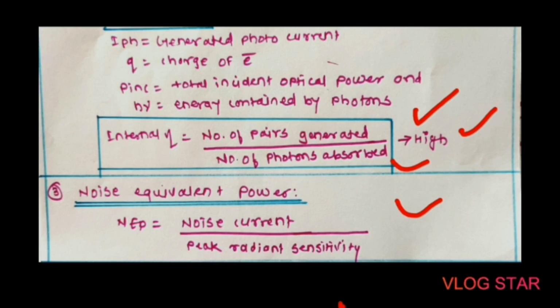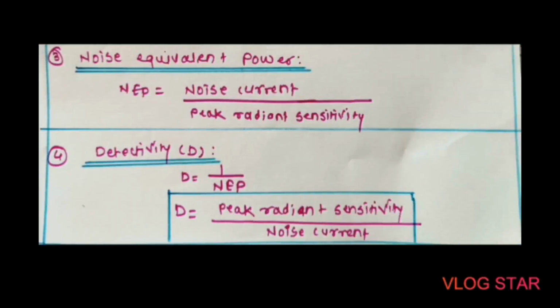It is also defined as the ratio of noise current to the peak radiant sensitivity, that is NEP. Next is the detectivity. Detectivity is simply the reciprocal of the noise equivalent power.